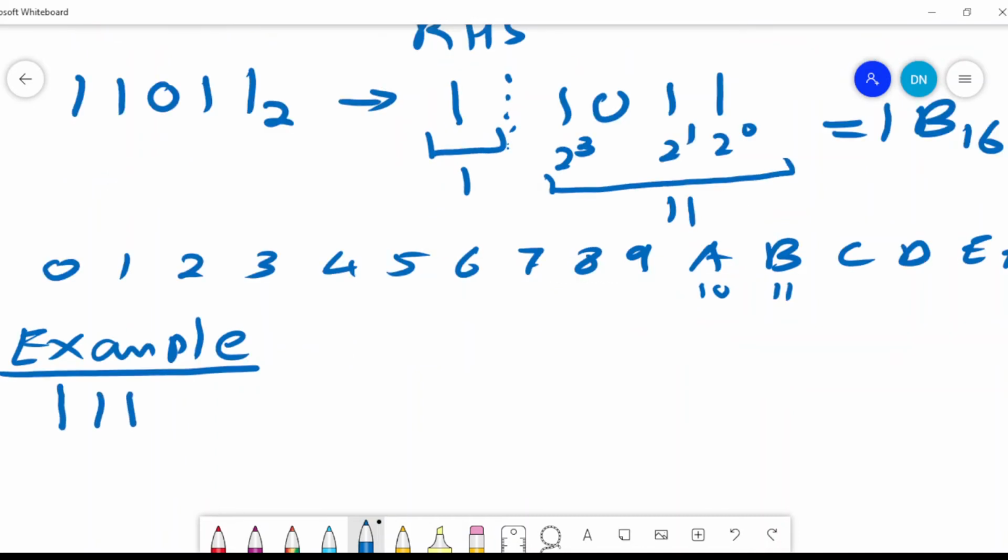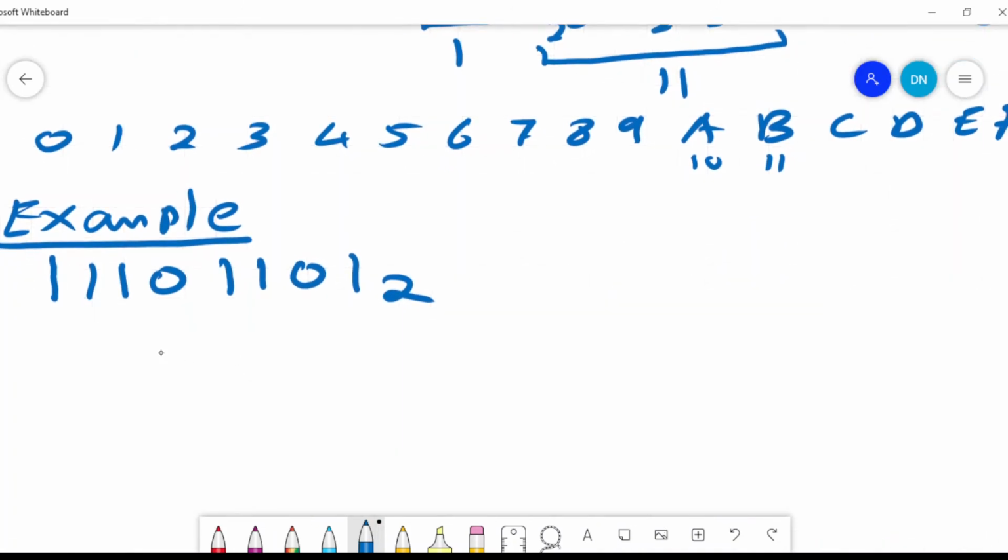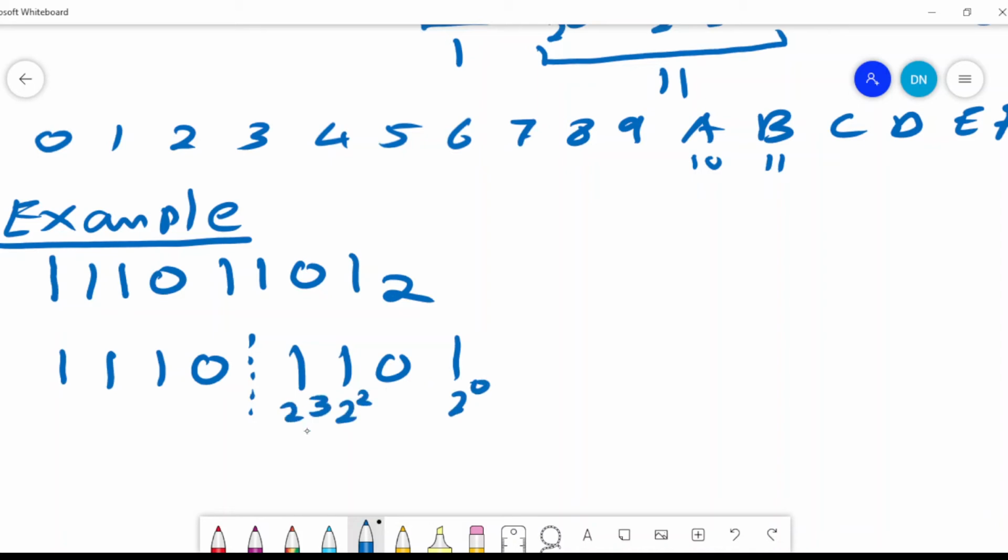1, 2, 3, 4. 1, 2, 3, 4. And I want to convert it to hexadecimal. The procedure is the same again. I separate it into 4 bits. There are 8, so it will be straightforward. This is 2 to power 0, 2 to power 1, 2 to power 2, 2 to power 3. And we know 2 to power 3 is 8, 8 plus 4 is 12, plus 1, 13.